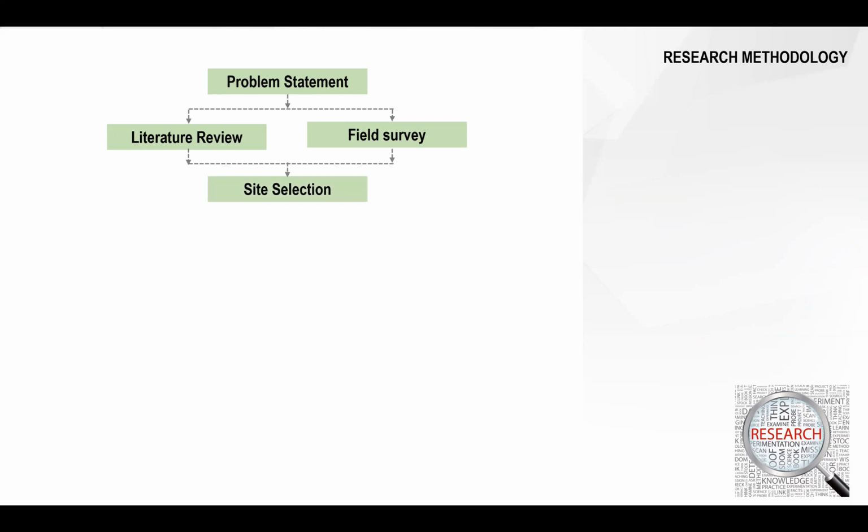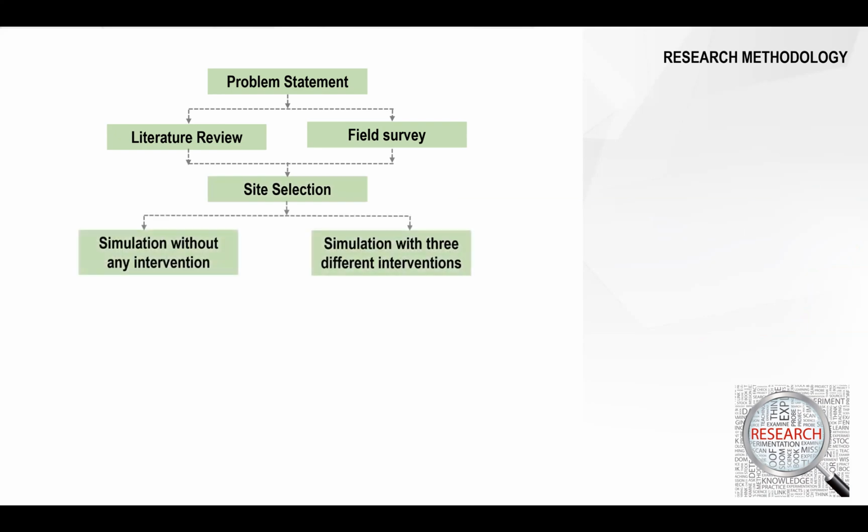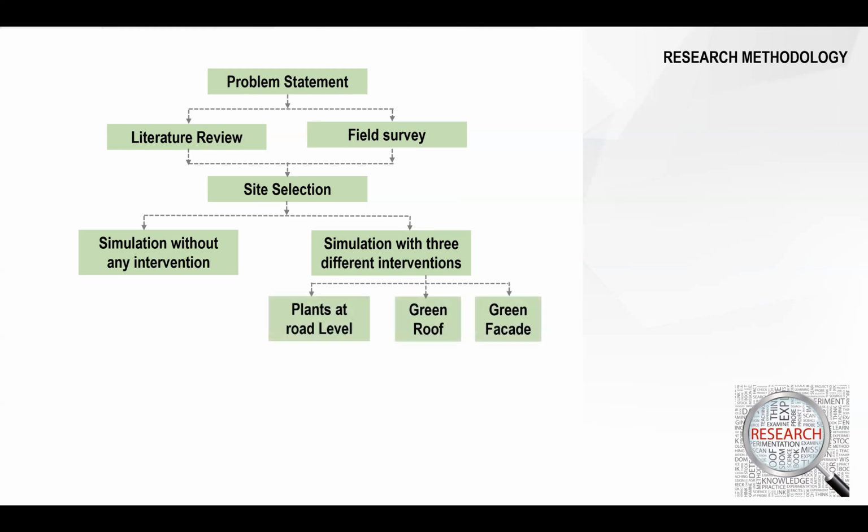For the research, with this problem statement, several pieces of literature were reviewed and a field survey was done, and from there a site was selected. Then in the site, the simulation was done with ENVI-met software without any intervention, and then in the same place the simulation was done with three different interventions: having plants at road level, creating a green roof, and a green facade.